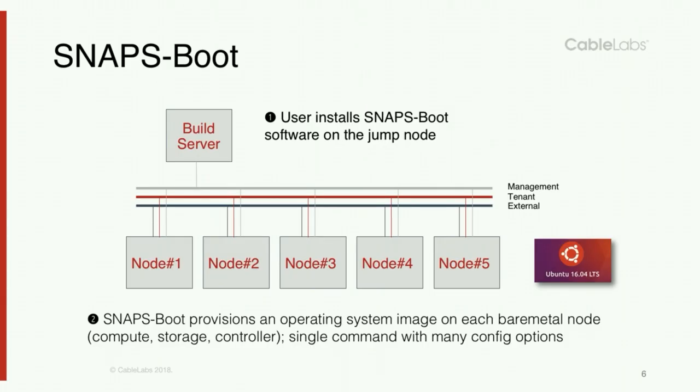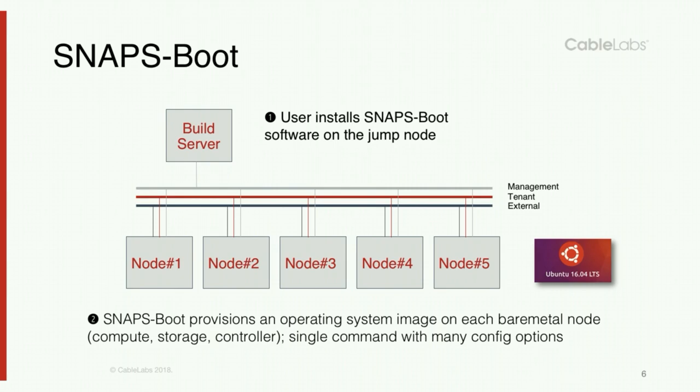So let's start with SNAPS boot. Like we discussed in the previous slide, a server is of no use unless there's an operating system installed on that server. And this is somewhat of a tricky operation and can get complicated, manual, error-prone, buggy if not done properly. SNAPS boot attempts to solve this problem. The way it works is SNAPS boot has to be installed on a jump server or build server.